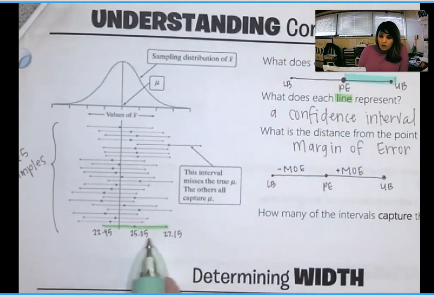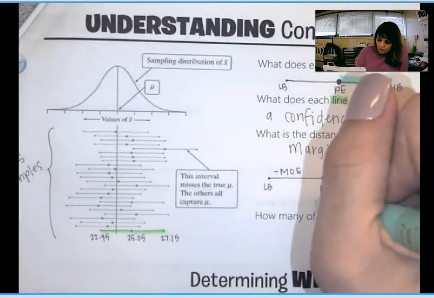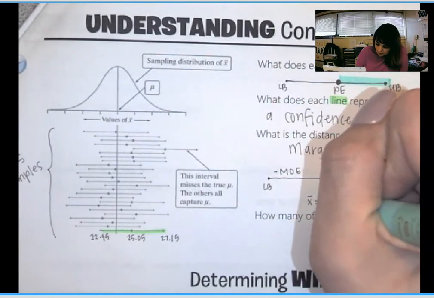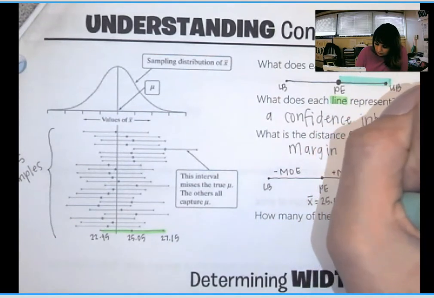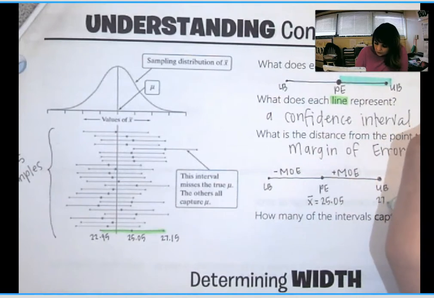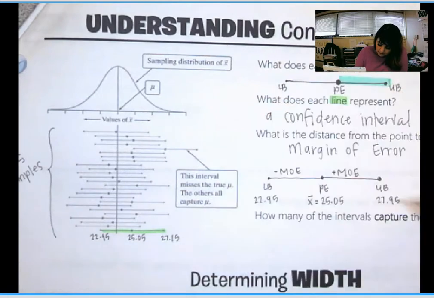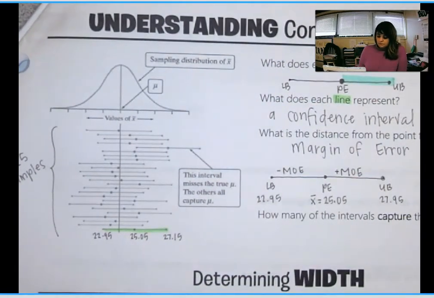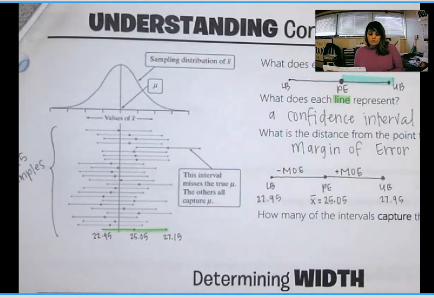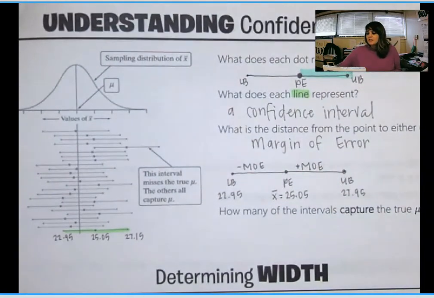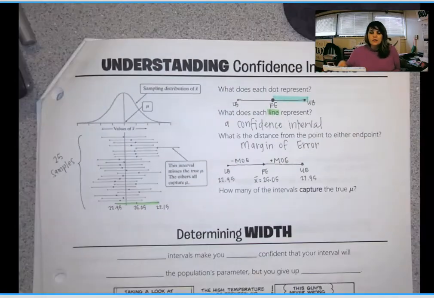Just to recall our example, our point estimate was x bar equals 2505. Our upper bound was 2795 and our lower bound was 2295. The last question is, how many of these confidence intervals capture the true value of the mean?